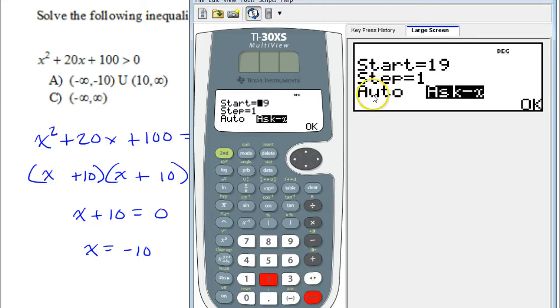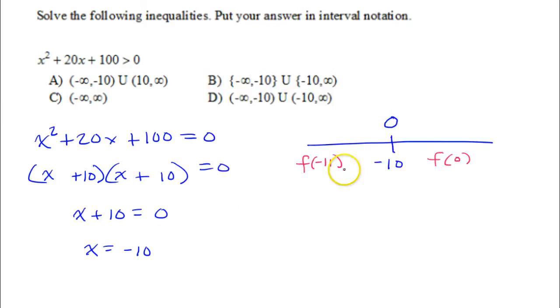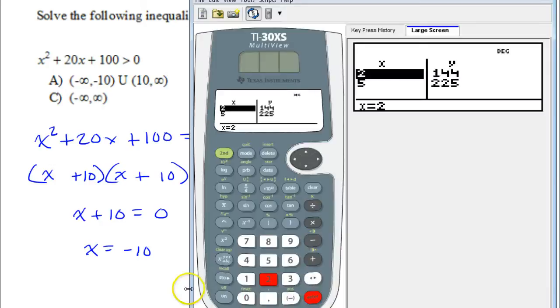If your calculator has auto highlighted, I suggest you use your arrow key, skip on down there, and switch over to ask and hit enter. Okay, because now we can type in exactly what we want. And I want -11 and 0. So I will type in -11 and 0.